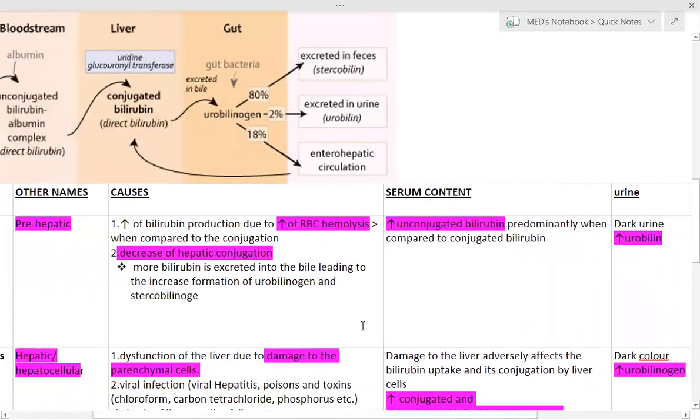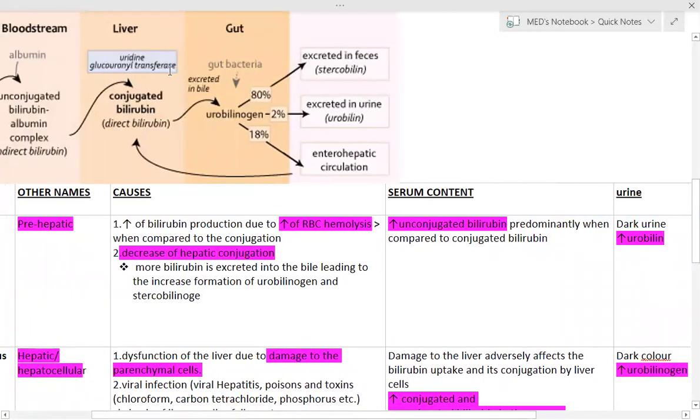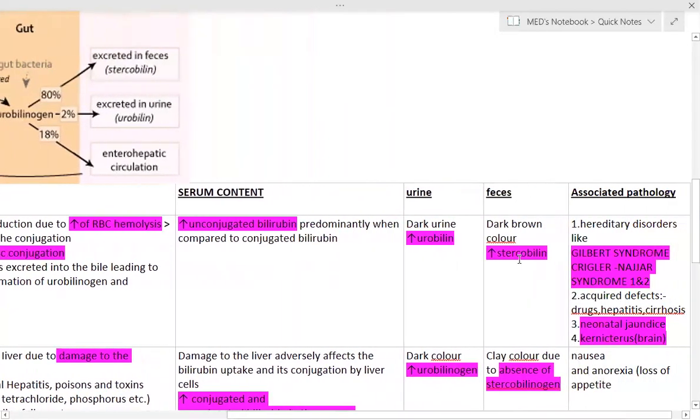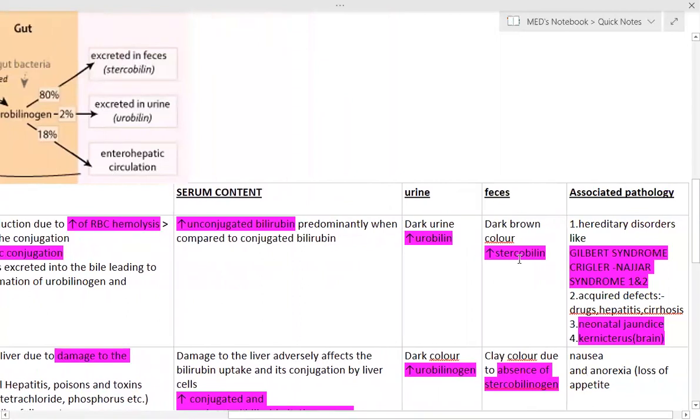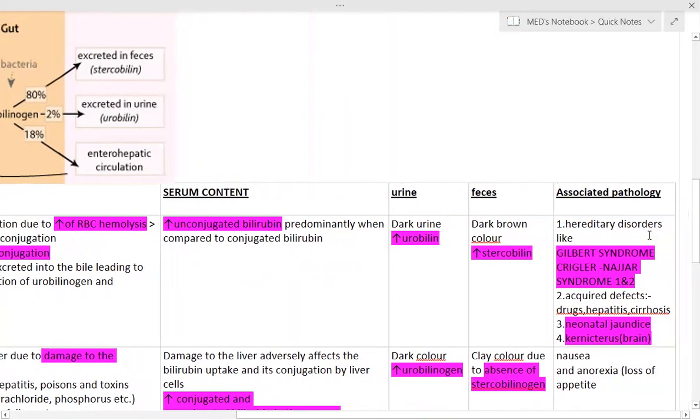What enzyme is defective? Uridyl glucuronyl transferase. If this enzyme is defective, the unconjugated bilirubin cannot be conjugated, so this syndrome develops. Please remember just the names of the pathologies connected to this: Gilbert syndrome and Crigler-Najjar syndrome.